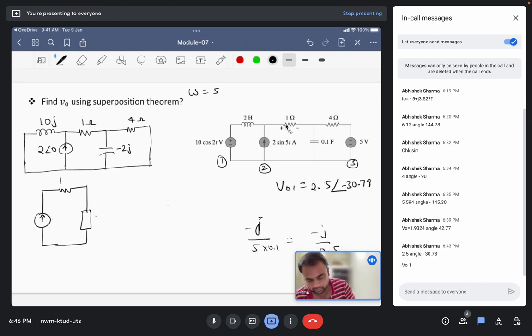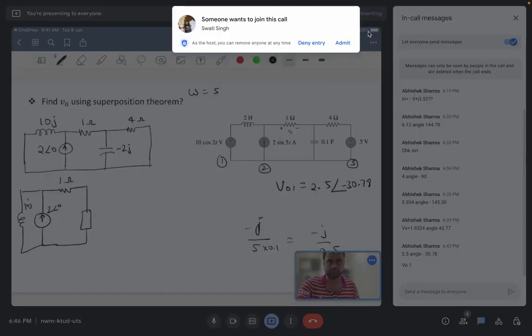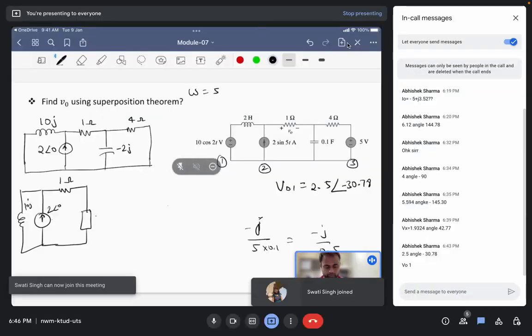So this is 1 ohm, and again there is a parallel combination with 10j, 2 angle 0, and the value for this we can calculate: 4 inverse plus minus 2j inverse, and taking the inverse of the answer.